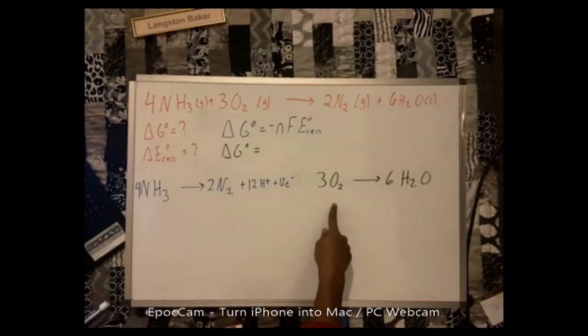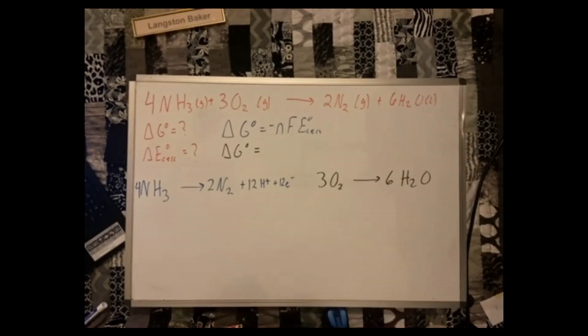Still got to check the other one though. So balance your non-hydrogen, non-oxygens. You don't have any in there. Balance your oxygens. You have 6 on that side, 6 on that side, so you're good. Now you balance your H's. We have 12 over there, so I need 12 over here.